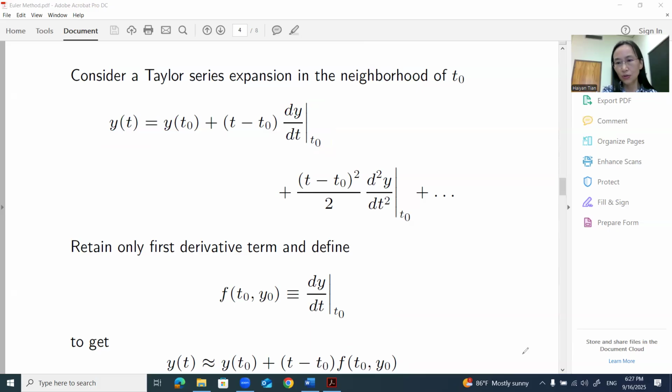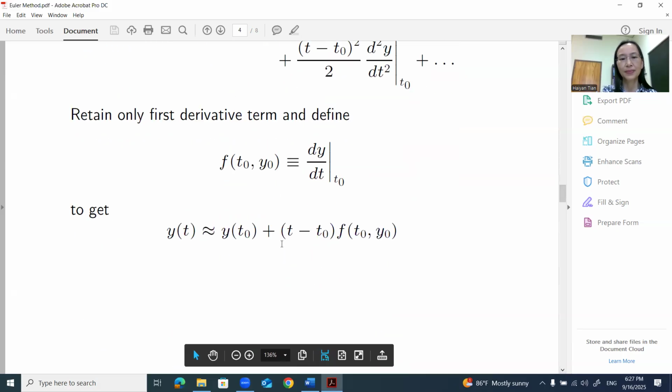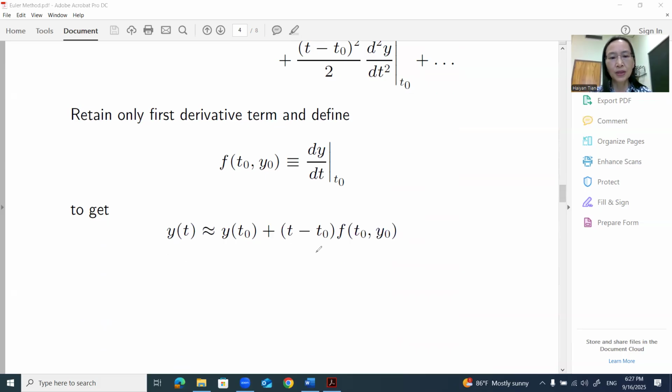It's just a straight line equation. So certainly it is a very simple function to approximate an unknown curve.